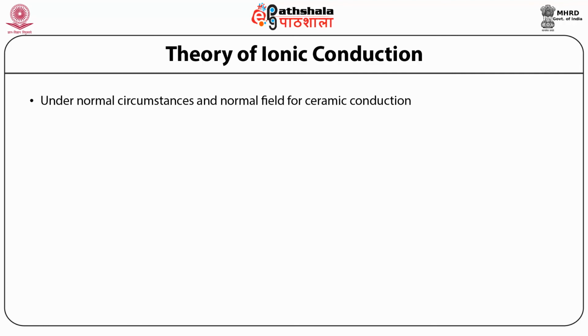Now under normal circumstances and normal field for ceramic conduction, the fields are quite small, a few volts per centimeter, and thus the field induced energy change is small as compared to thermal energy. That is, 1 by 2 ZEE delta is very less than KT.